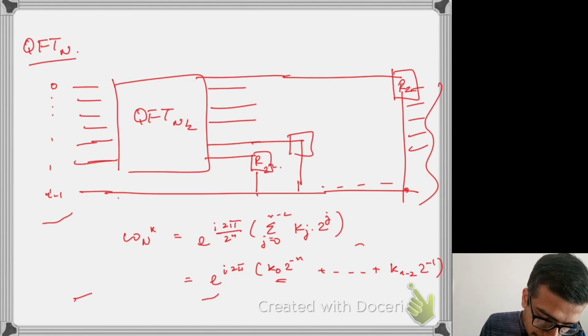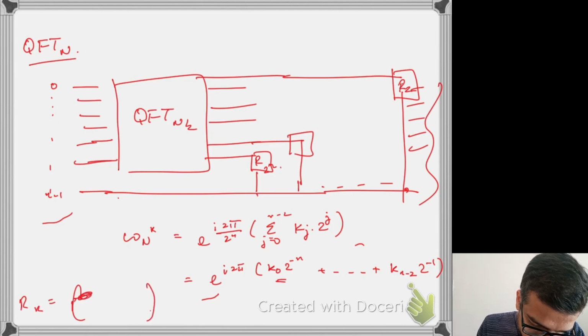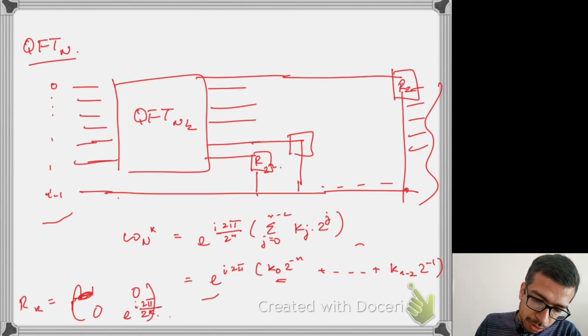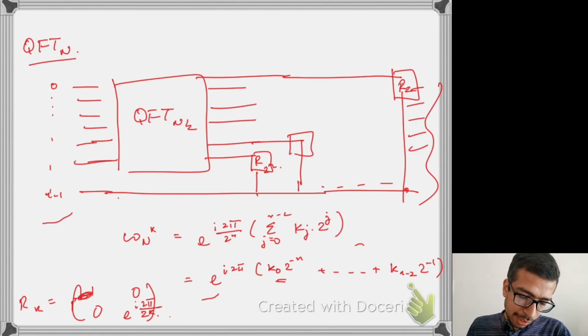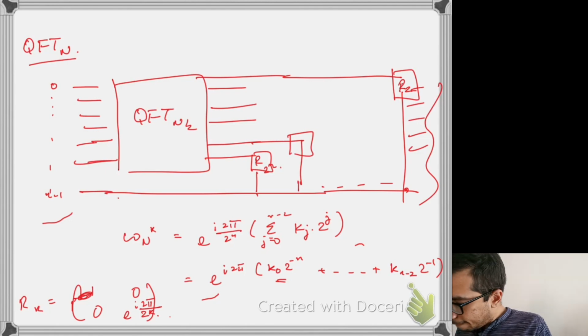Right, so here r sub k is essentially a phase of e to the power iota 2 pi over 2 to the power of k. So on the kth qubit the phase is r k, which is a phase of e to the power iota 2 pi over 2 to the power k.